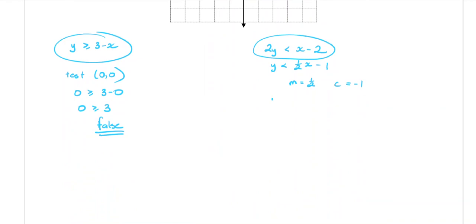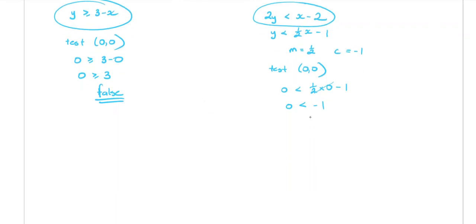Now we're going to test 0, 0, the origin, for the second equation. I'm going to put it into the simplified second line here. That would be 0 is less than half times 0 minus 1. Half of 0 is 0, so it's 0 is less than minus 1.